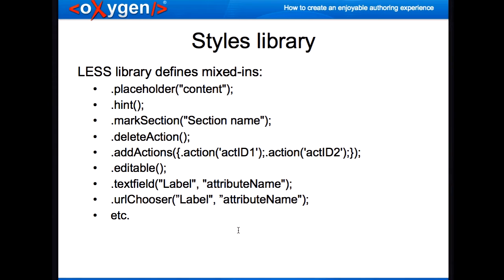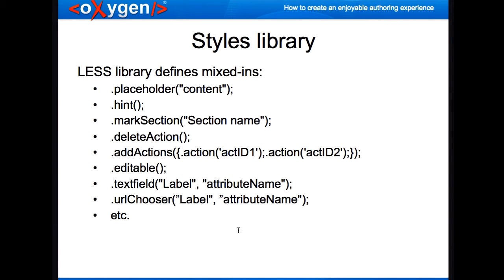For Lightweight DITA, I defined a LESS library file that has these functions, let's say placeholder, where you specify a content. So you match on shortdesc, for instance, and you say the placeholder is short description.